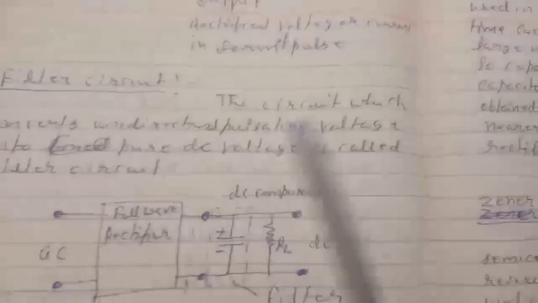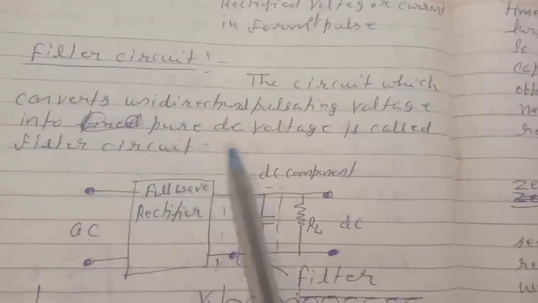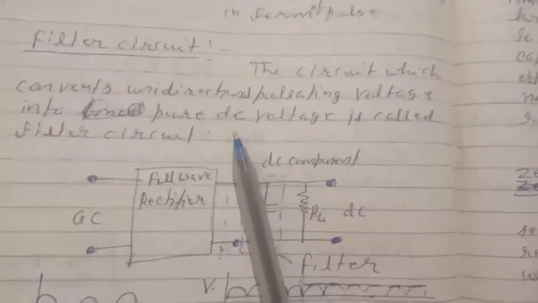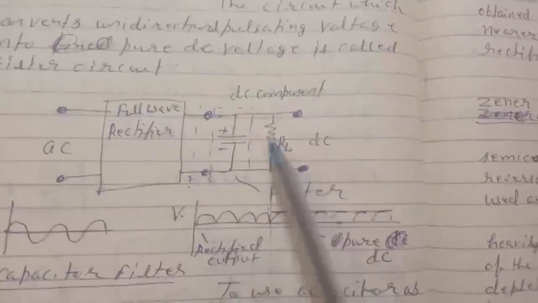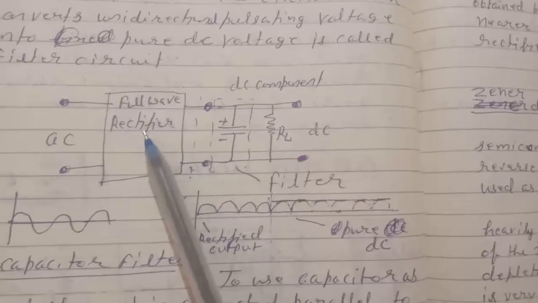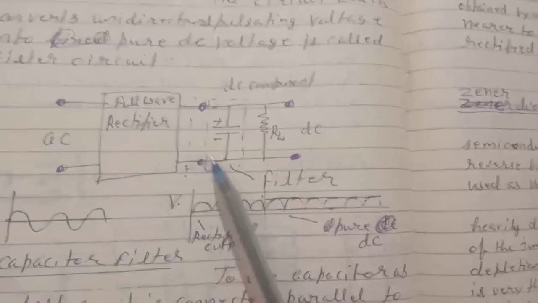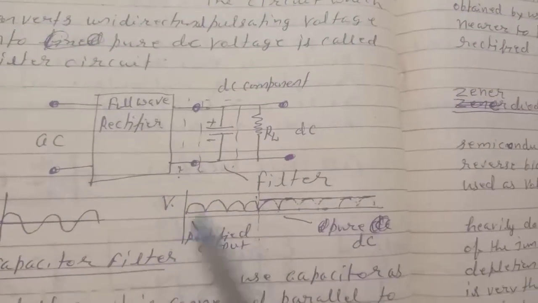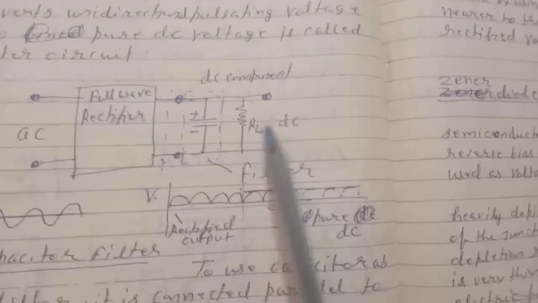Now the filter circuit. The circuit which converts unidirectional pulsating voltage into pure DC voltage is called a filter circuit. This is the schematic diagram of a filter circuit. Here a full wave rectifier is connected, and from this we give input, and a capacitor is used in parallel to the load resistance.